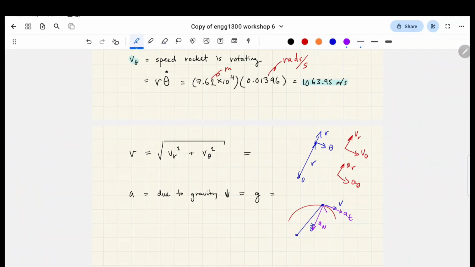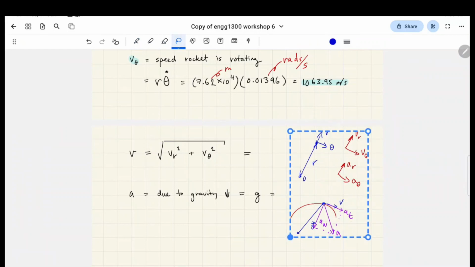So the net acceleration is actually that one. My point is, similar things are going on, so we use Pythagoras to get the velocity for this. Sorry, that was a bit of a tangent.